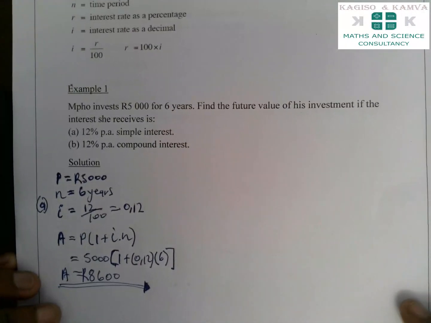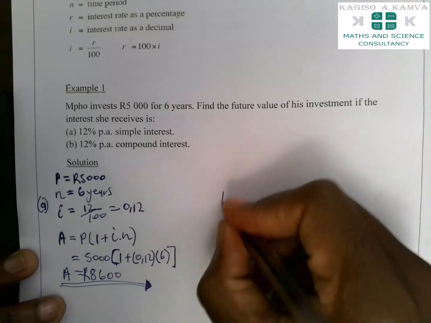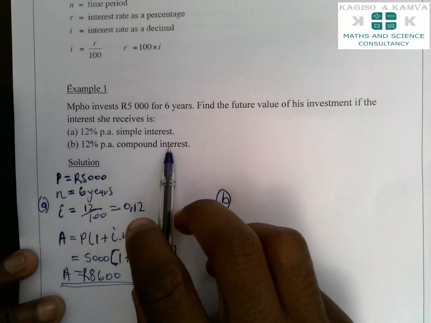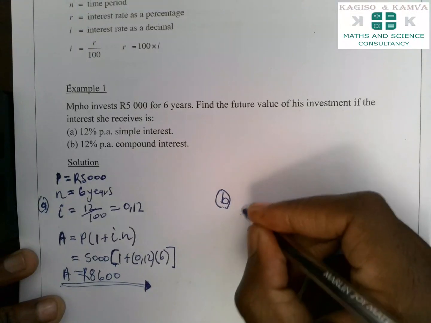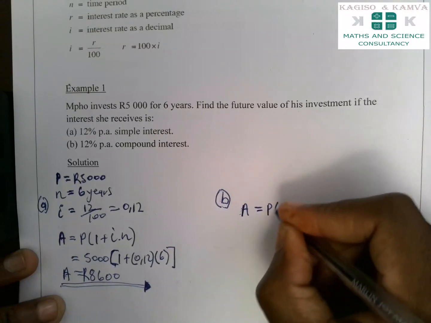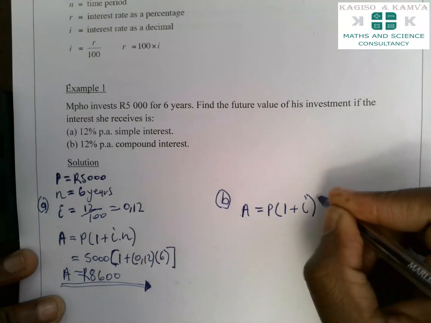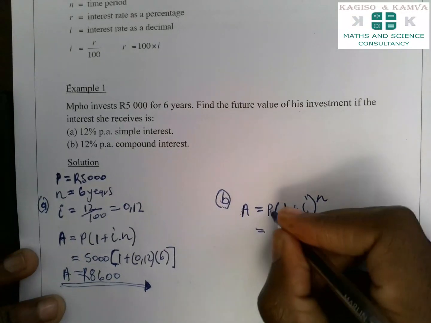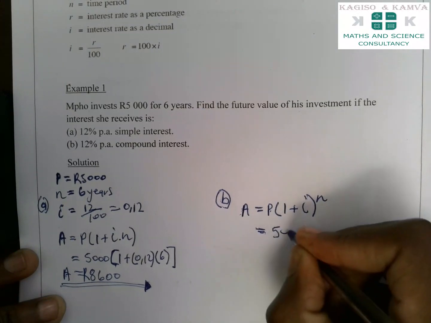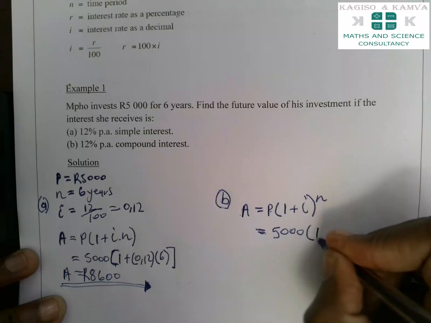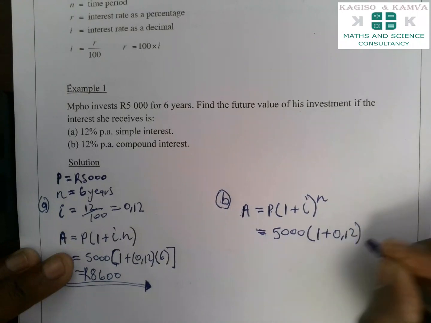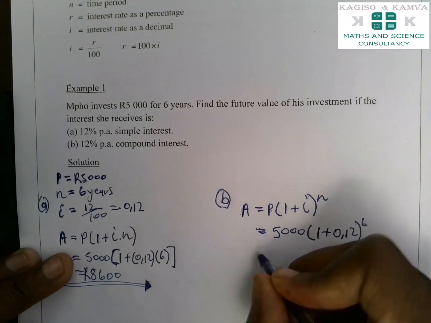Also for b, we are told that it's now 12% per annum compound interest. For compound interest, we know that A is equal to P into (1 plus i) to the exponent n, where P, the present value, is 5,000, the interest in decimals is 0.12, and n, the time period, is 6 years.